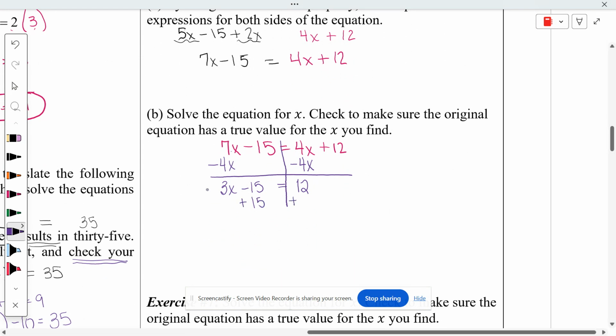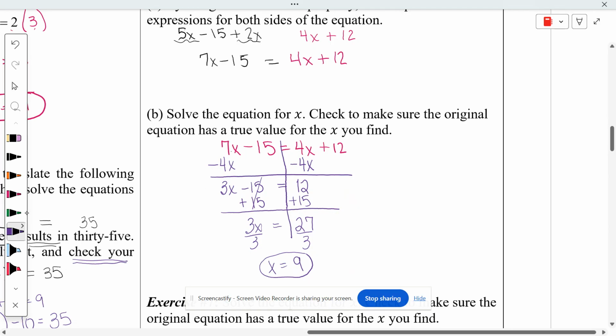So I'm going to add 15 to both sides. Remember with equations, whatever you do on one side, you must do to the other. So I have 3x equals 12 plus 15, which is 27. We're going to divide both sides by 3, and x equals 9.